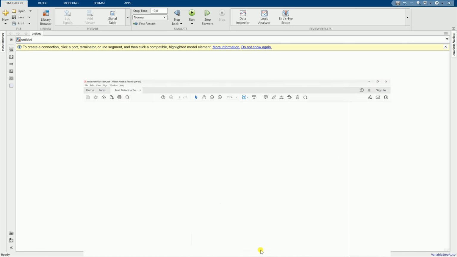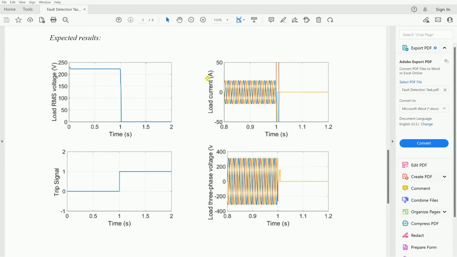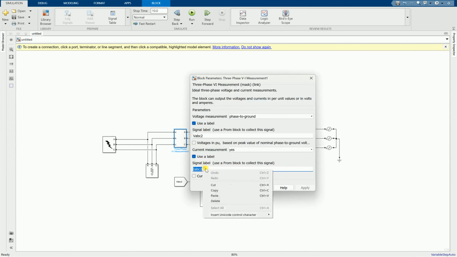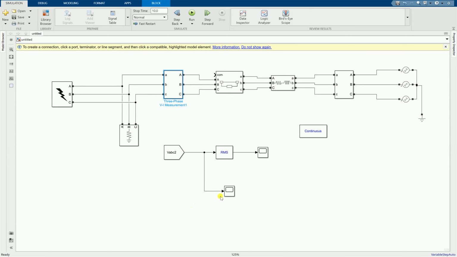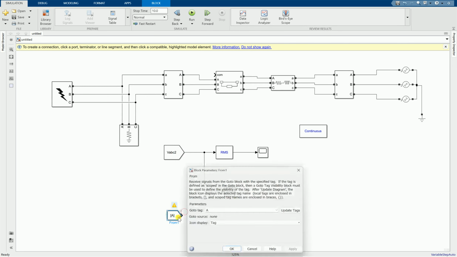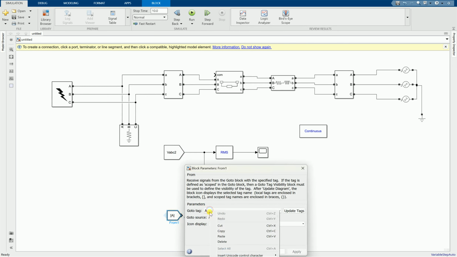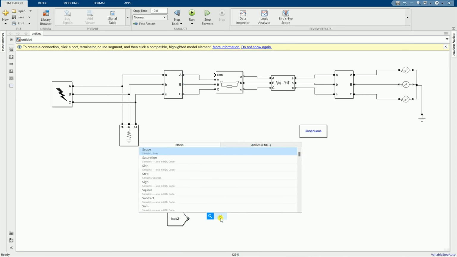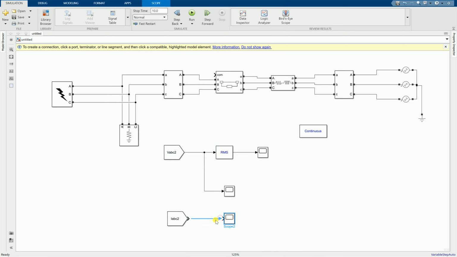What else do we need? We also need the load current, so the three-phase current measured here. The current is stored at IABC2, so I'm going to add it from here and add another scope to measure the three-phase current.